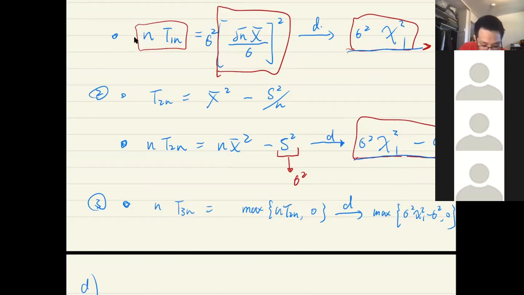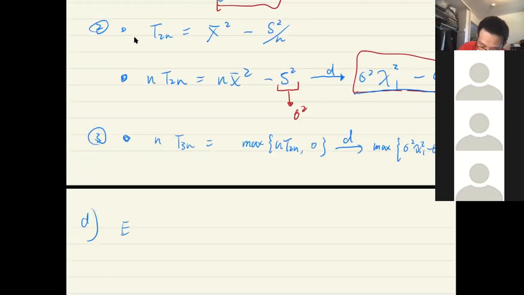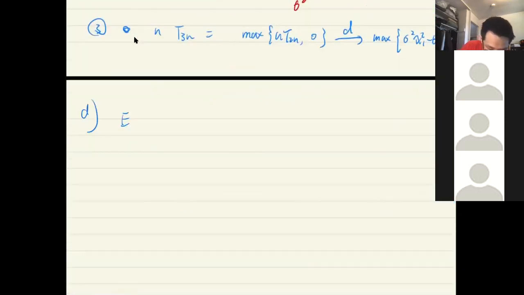And if you want to measure this, we know this one will converge to chi-square 1. So we measure this.